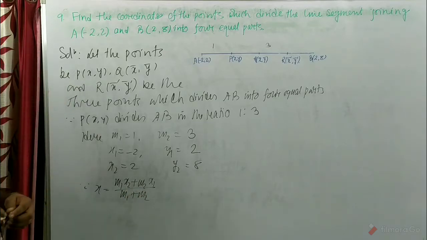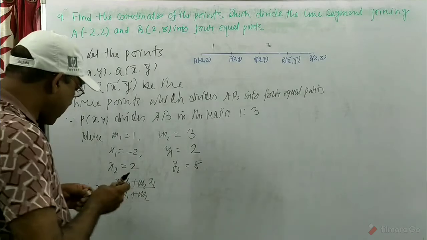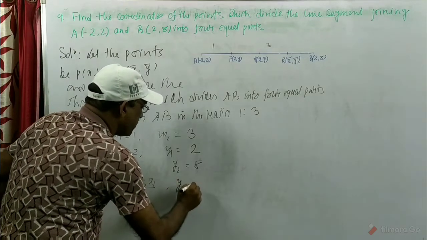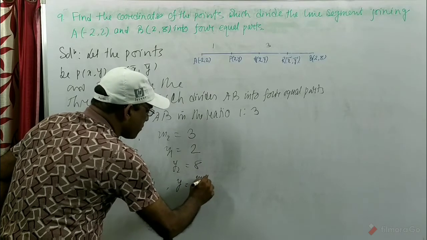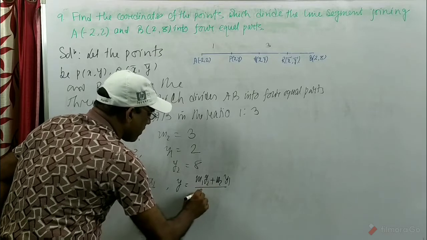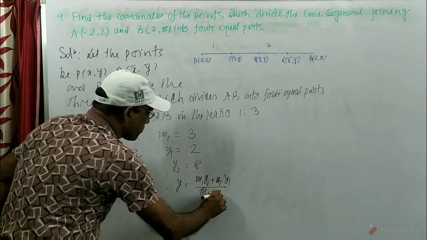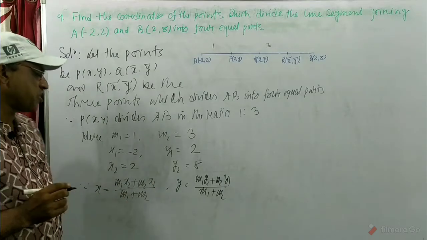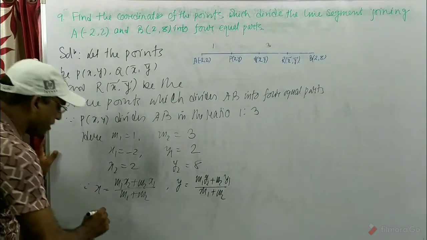Next y equal to M1 y2 plus M2 y1 by M1 plus M2, we know this. So this is our section formula.